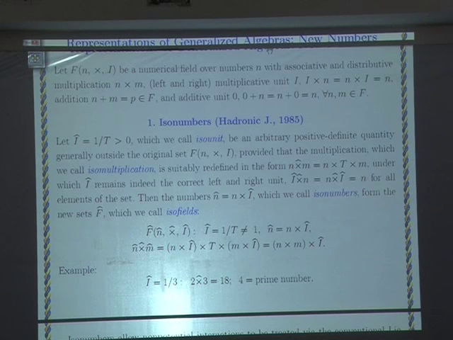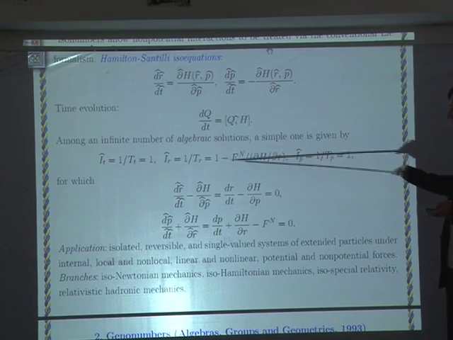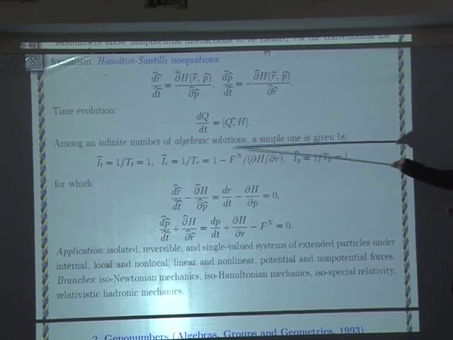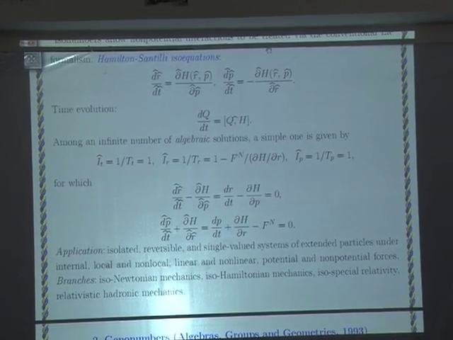These iso numbers allowed us to take and to incorporate that non-local, non-potential term written in the Hamiltonian equations into the Lie formulas.